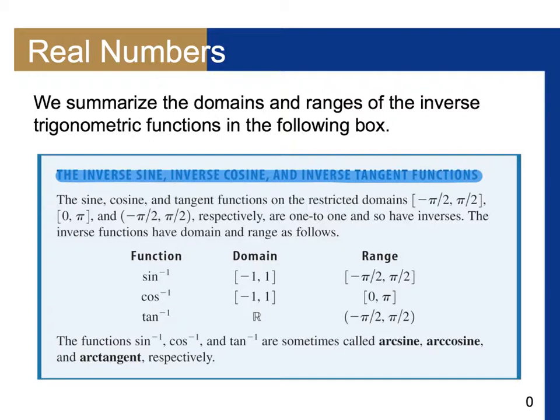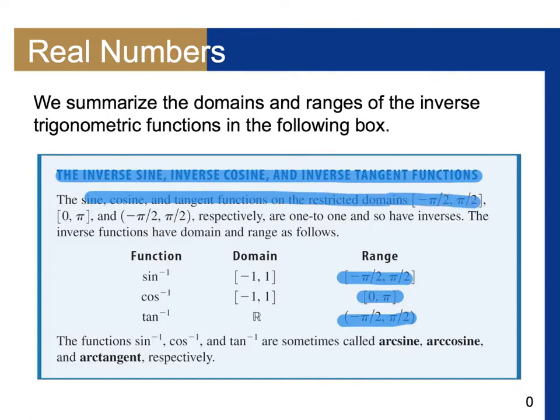We used the restricted domain of minus pi over 2 to plus pi over 2, including the endpoints, for sine; 0 to pi for cosine; and minus pi over 2 to plus pi over 2 without the endpoints for tangent.